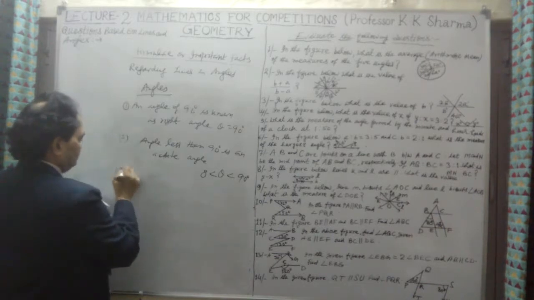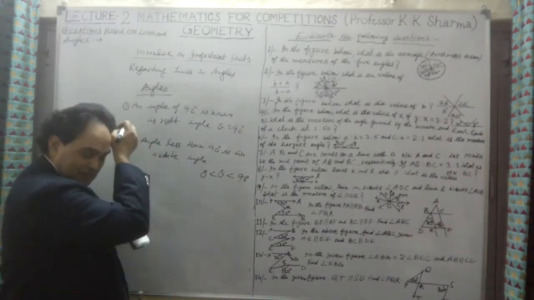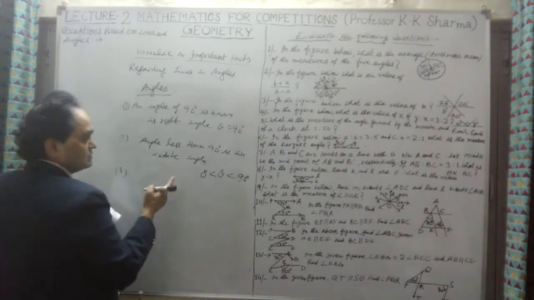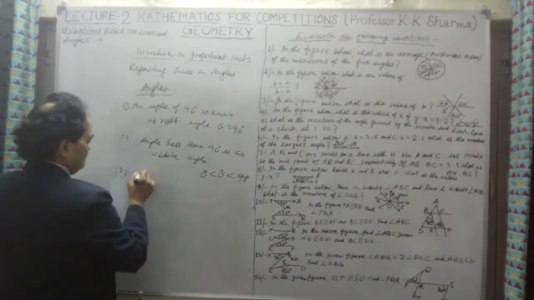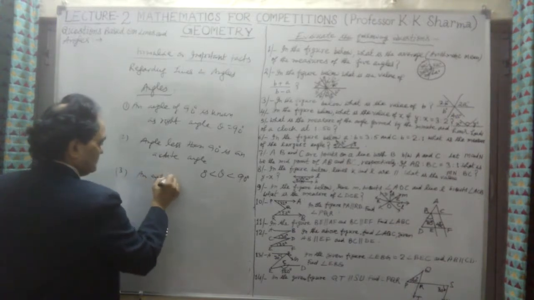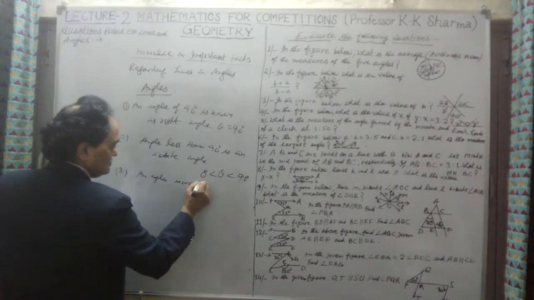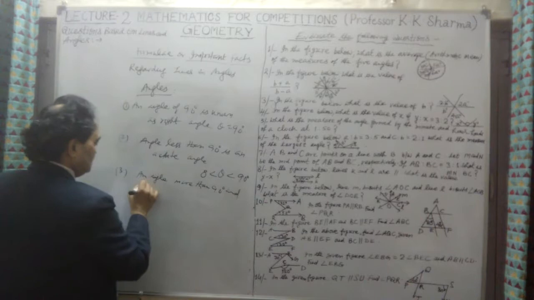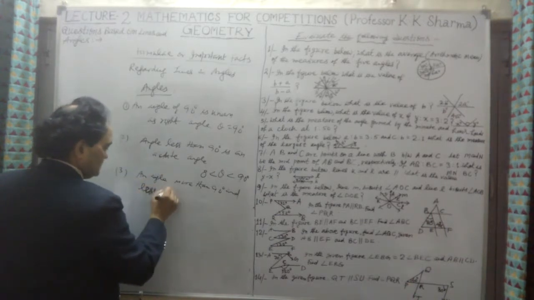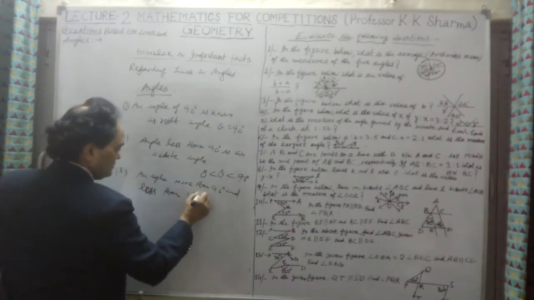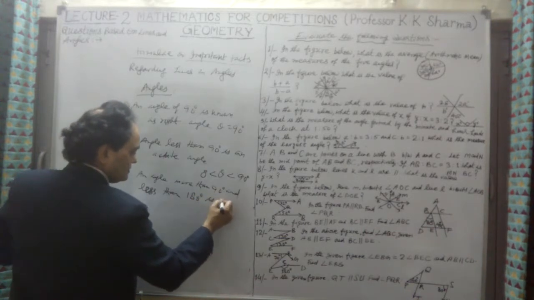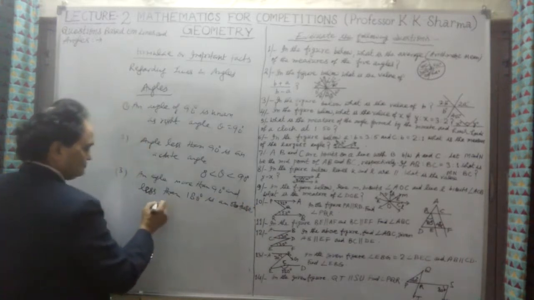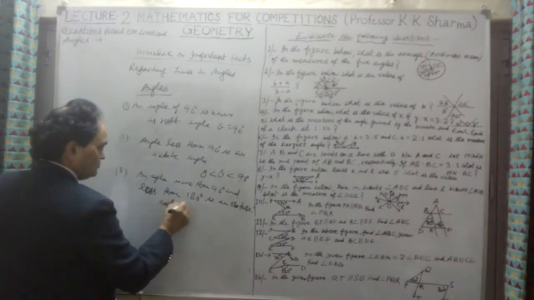Third point: an angle more than 90 degrees and less than 180 degrees is known as an obtuse angle.